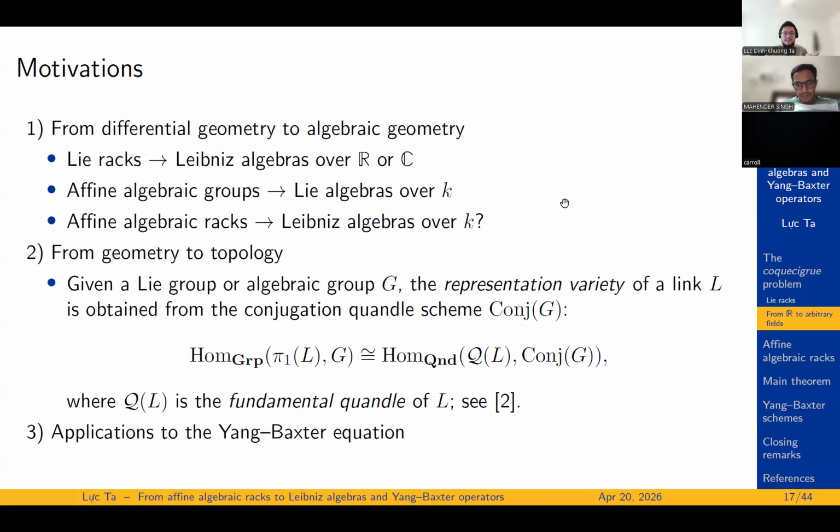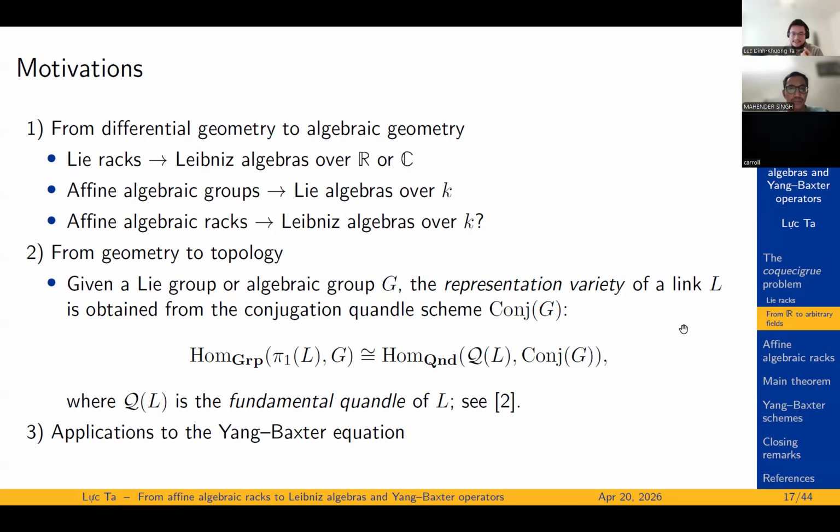In algebraic geometry, you can study affine algebraic groups. So it's natural to ask if there's a way to similarly study the theory of affine algebraic racks. So that's one motivation for doing this: not only the coquecigrue problem, but literally just what is the notion of a Lie rack in algebraic geometry.